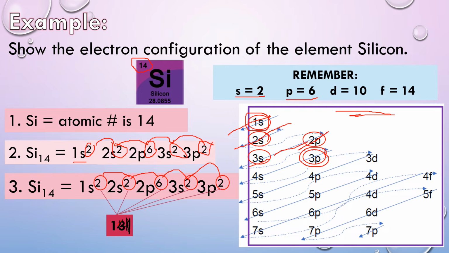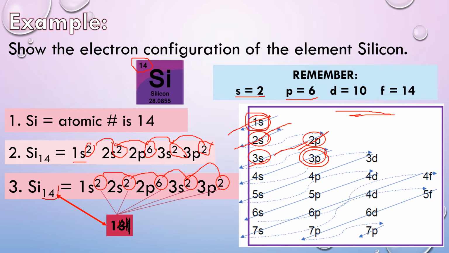So, equal na siya sa atomic number ng silicon, which is 14. Okay. I hope nakuha na ninyo kung paano gumawa ng electron configuration ng element.